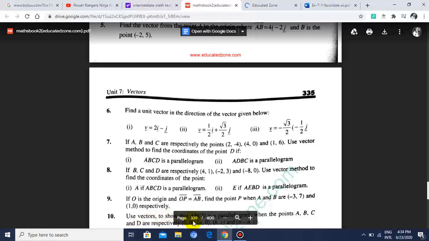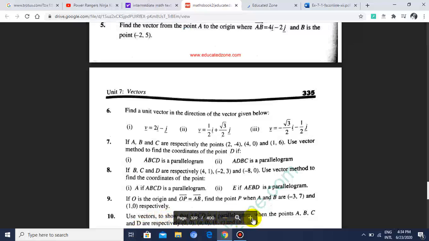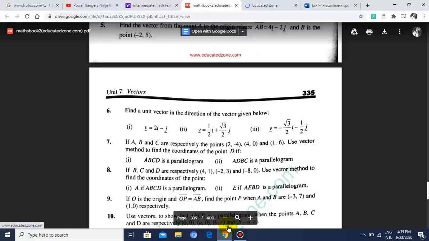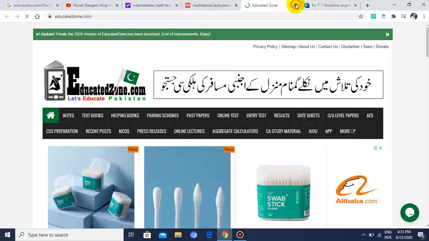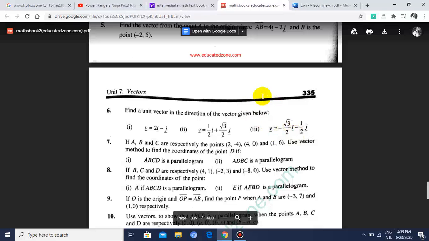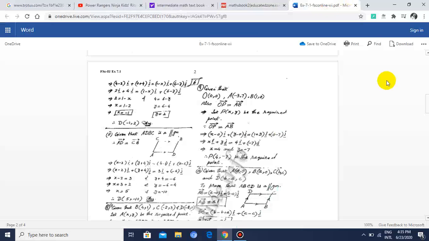Use vector to show that ABCD is a parallelogram when the points A, B, C and D are respectively these. The 4 points are given. We have to show that the shape formed by the points A, B, C, D is a parallelogram.